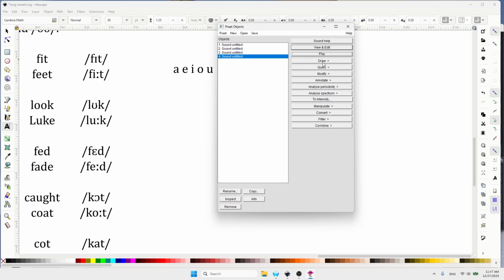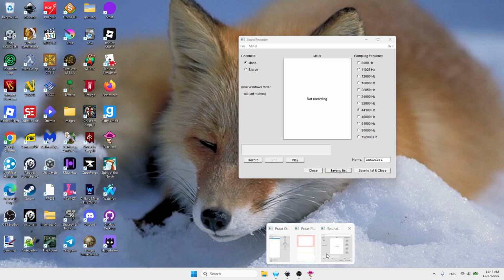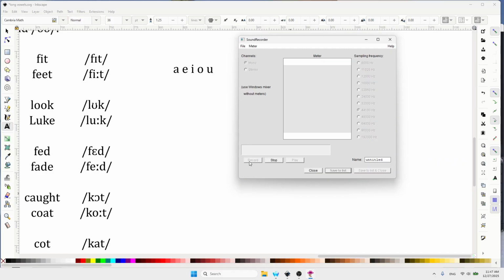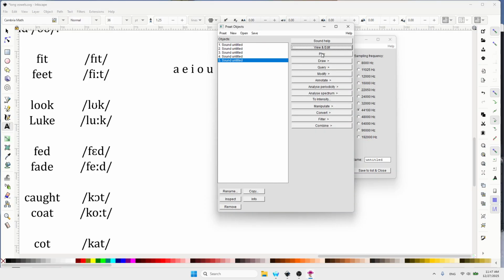Cat, cat. Yeah, I don't know. It's weird. It sounds like ash, ash. I don't know what's up with that. Ash, shat.